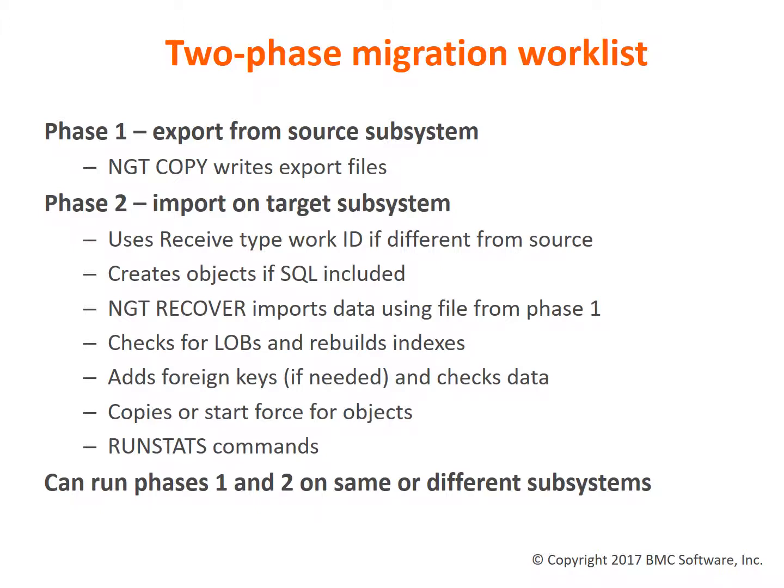You can run phases 1 and 2 on the same or different DB2 subsystems. If running on different subsystems, create your receive type work ID on the target subsystem, then execute that work ID using the work list generated on the source subsystem.